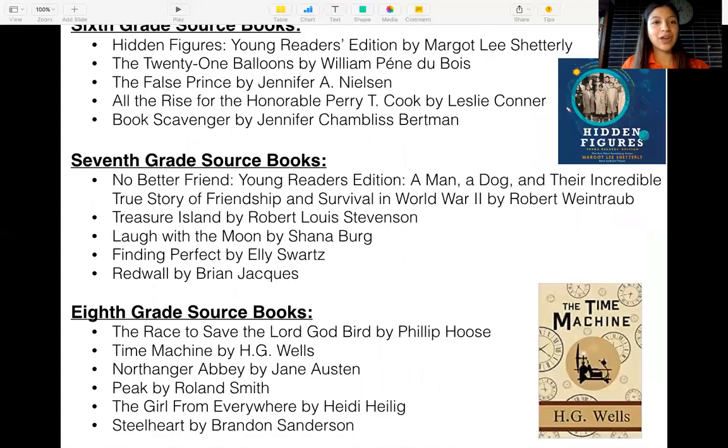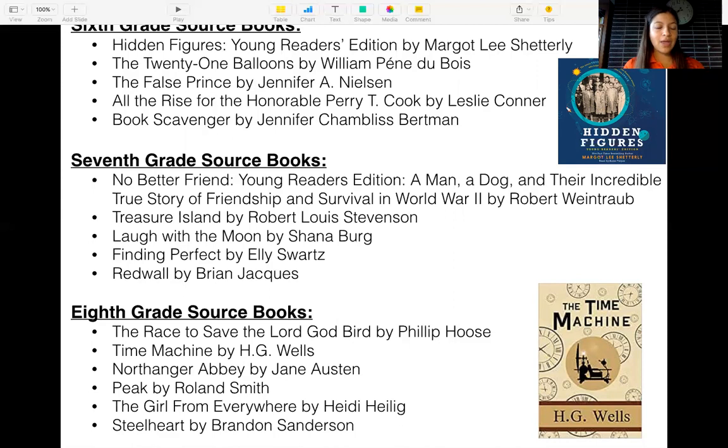And we have sixth grade books. So we have Hidden Figures, The 21 Balloons, The False Prince, All Rise for the Honorable Perry T. Cook, and Book Scavenger. Okay, and then we have seventh grade source books: No Better Friend, Treasure Island, Laugh with the Moon, Finding Perfect, and Red Wall.